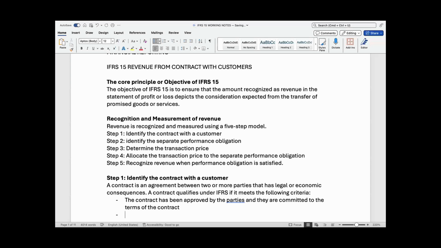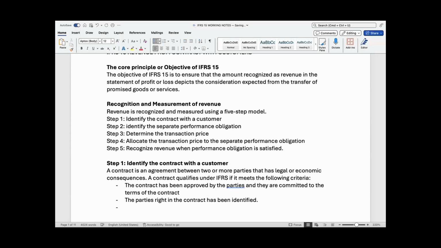Number 2 is that the parties' rights in the contract have been identified. Number 3 is that the payment terms have also been identified.